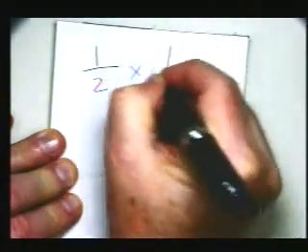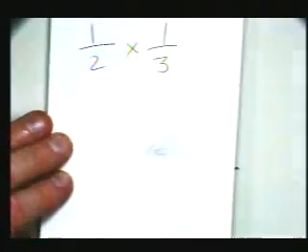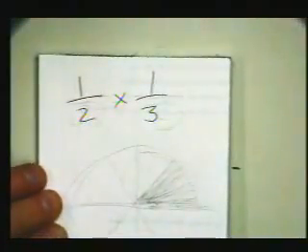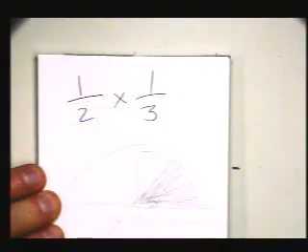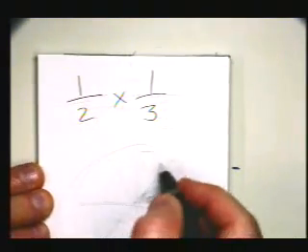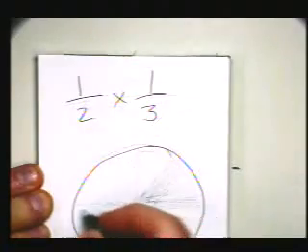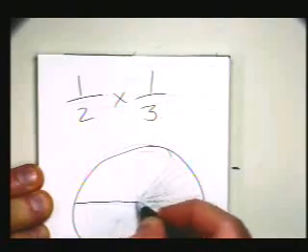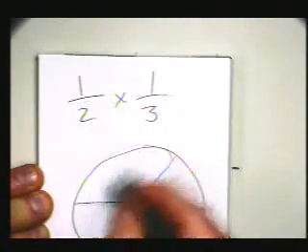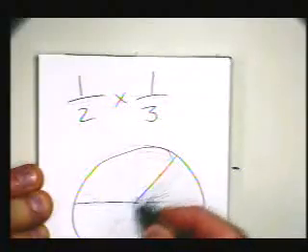Now, when you multiply, it's no big deal. I'm kind of going over the whole chapter a little bit, giving you the overview of the whole deal here. But when you multiply, you don't need common denominator. Because if I'm saying, I want you to take a half of a third of a pizza. Let's draw a pizza in here. There's a third of a pizza right here, approximately.